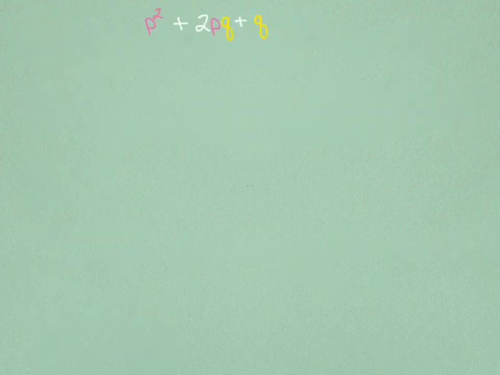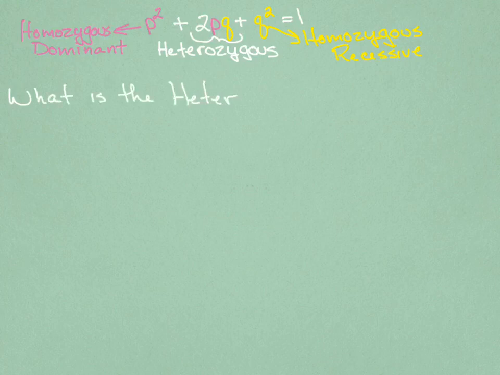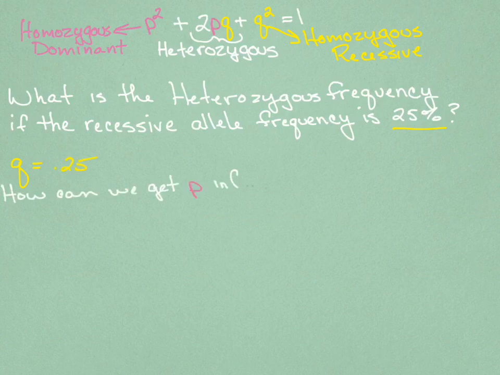Let's do one final one. We have homozygous dominant. Giving you the formula again. All right, so it's going to be a little more difficult, but not too much. What is the heterozygous frequency if the recessive allele frequency is 25%? So we have Q equals 0.25. Again, we need to get to that P info.